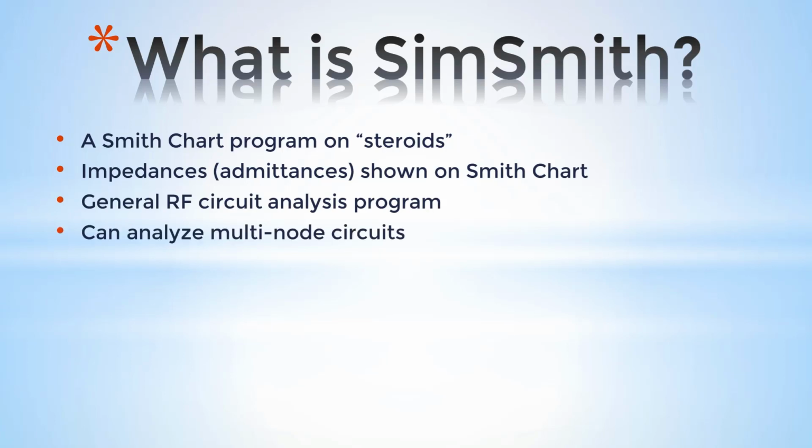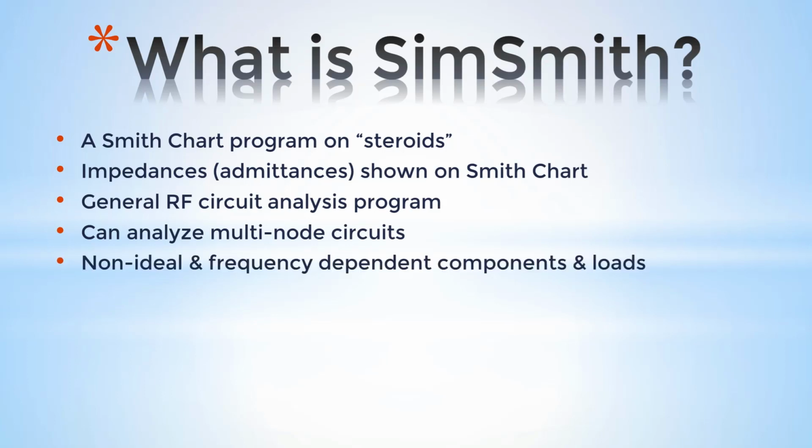It can analyze multi-node circuits, which is extremely valuable. And it can deal easily with non-ideal components and loads. A good example of a non-ideal load is an antenna. It does not present the same impedance at various frequencies, and SimSmith deals with that just fine.